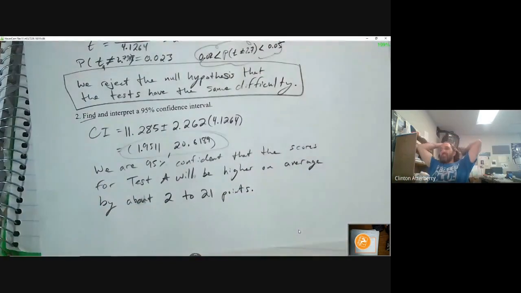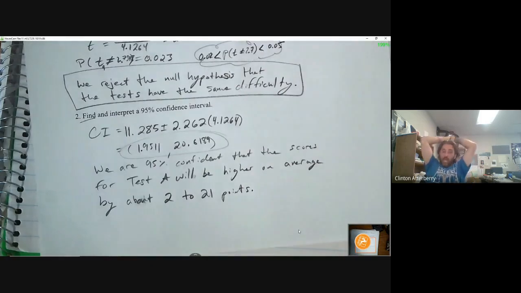So we're 95% confident that the scores for test A will be higher on average by about 2 to 21 points. So whether you do this by hand or on the calculators, the values I'm going to put up there, you should be close enough using either or, okay, to get your answers.